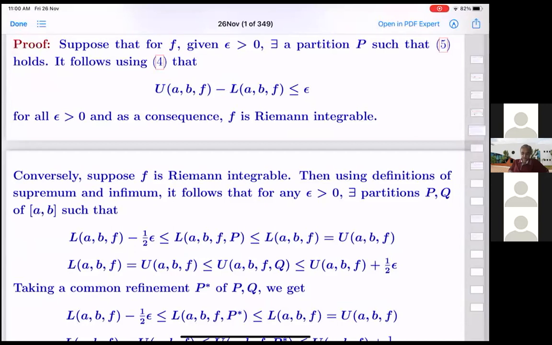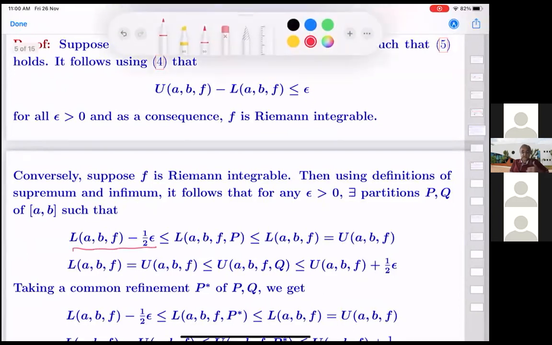Now suppose f is Riemann integrable. Then using the definition of supremum and infimum, it follows that for any epsilon, there are partitions P and Q such that the lower bound is close to the supremum over L(f,P). So if you go a little below the supremum, so L minus epsilon, this is something strictly below the supremum, there will exist a partition so that it is above.